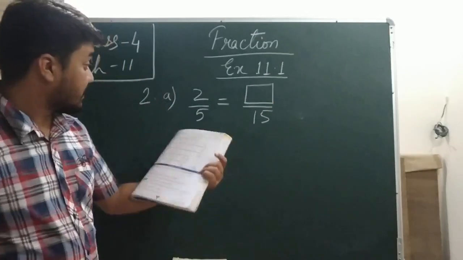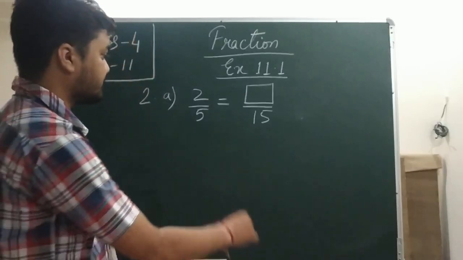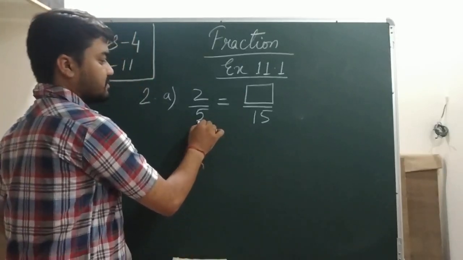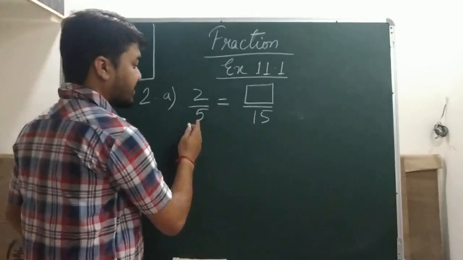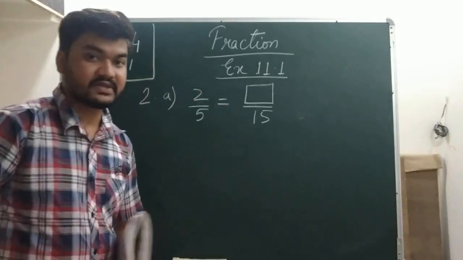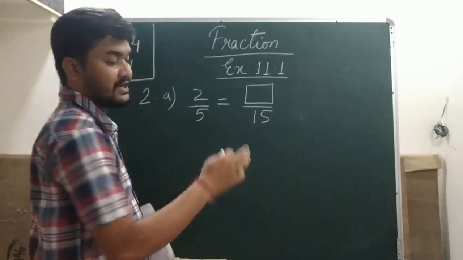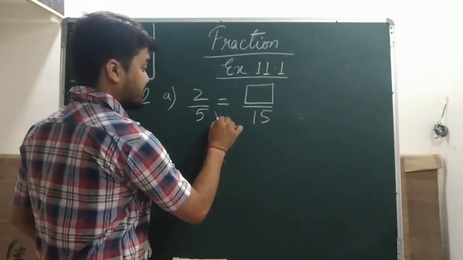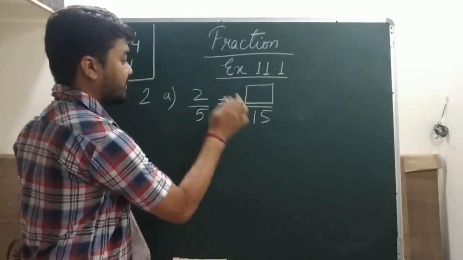In this type of question, it is similar to equivalent fraction. See, in the denominator, you have to compare. Here it is 5, here it is 15. How has it become 15? How many times has it been multiplied? This 5 has been multiplied 3 times. See, 5 times 3 is 15.